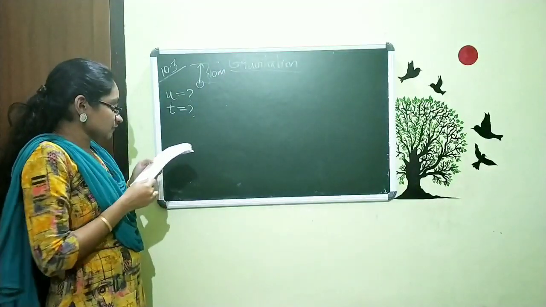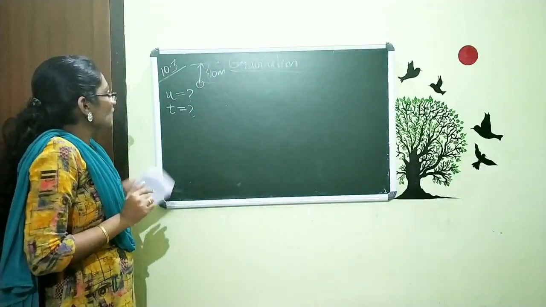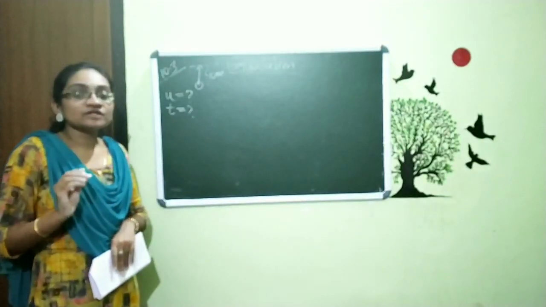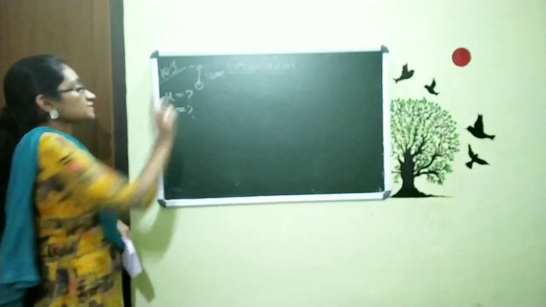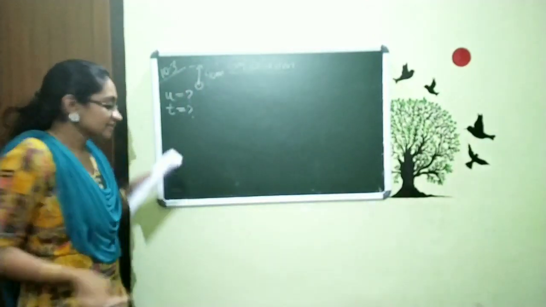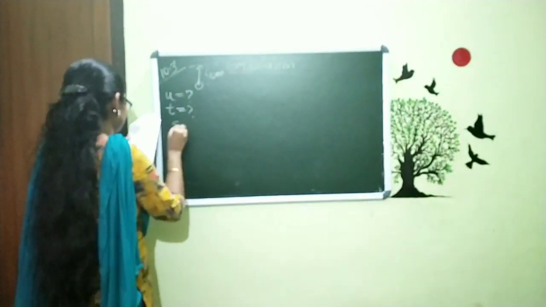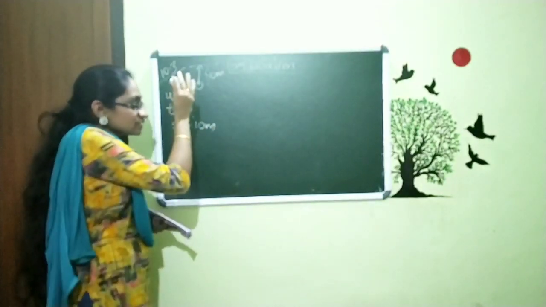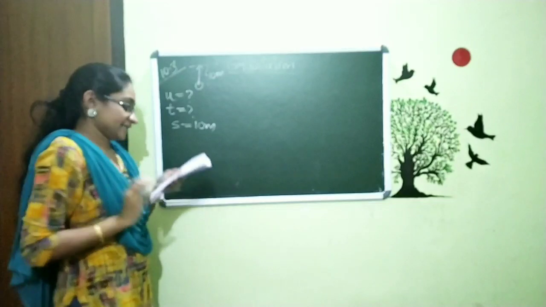These are the things we want to find here. And one more thing. From the question, we want to identify certain values. One is this height, that is the S. S is equal to 10 meter. That is there in the question directly.